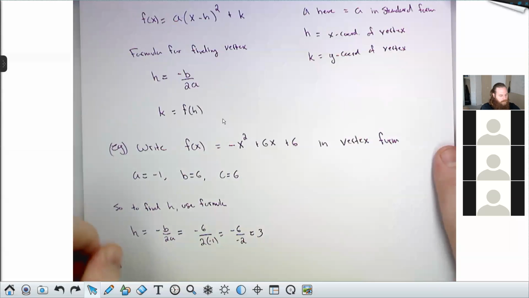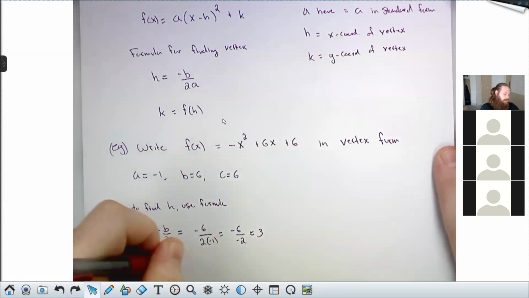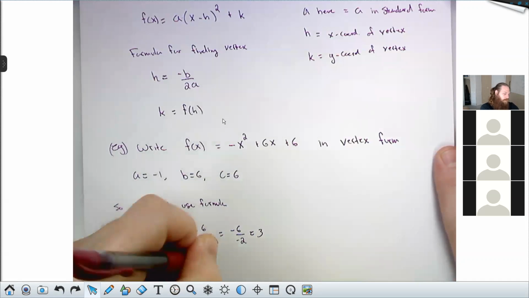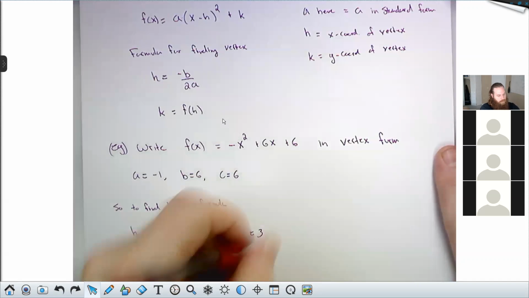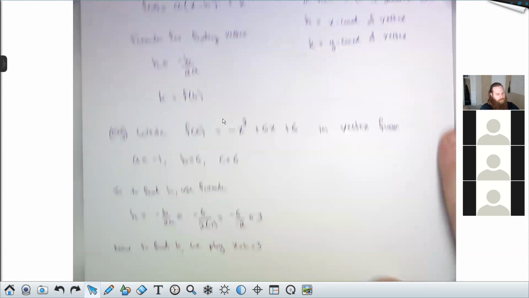Now to find k, we plug in x equals h, which is 3.